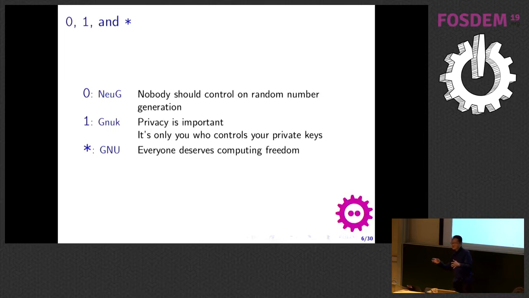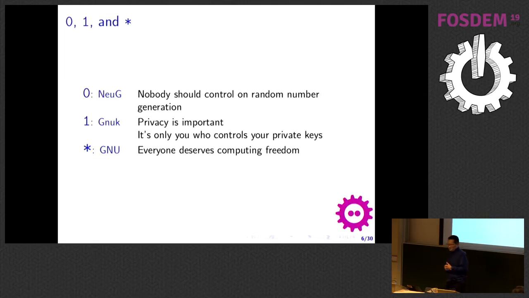It is considered very bad. So 0 means nobody, and 1 means independent, individual, or only you. So my project Gnuk is for 1 and only, for your private key.